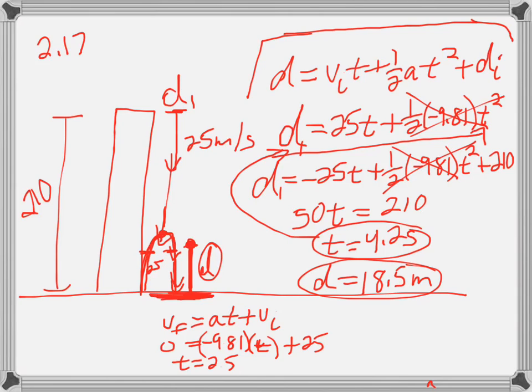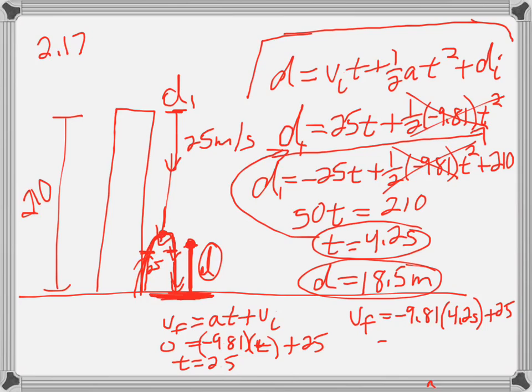The other way would just have been to figure out what the final velocity is, and see if it's negative or positive. So I could have just done final velocity equals negative 9.81 times the time, at 4.2 seconds, plus the initial velocity down here at the bottom for this cat, which is 25.